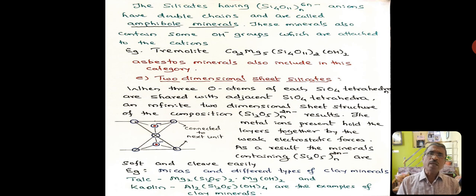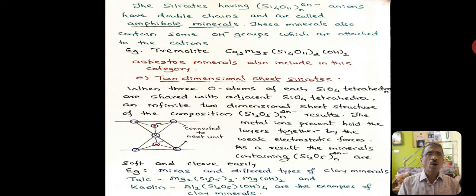Now coming to the fifth category called the two-dimensional sheet silicates. When 3 oxygen atoms of each silicate tetrahedron are shared with adjacent silicate tetrahedra, an infinite two-dimensional sheet structure of the composition (Si2O5) n times, having a charge 2n minus, results.